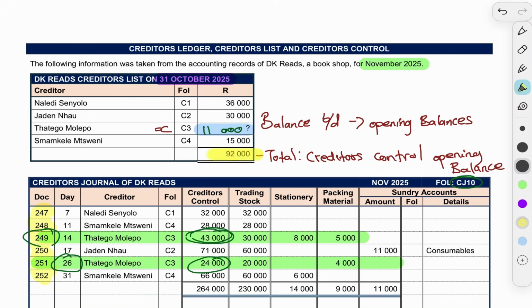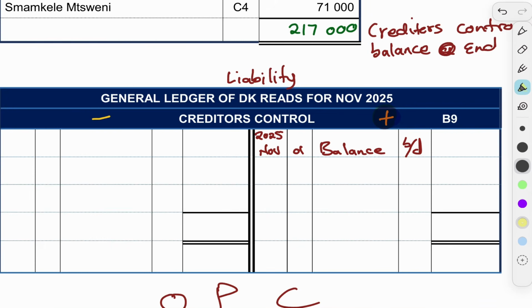The amount there is 92,000. Then we are done with the first part, which is opening.